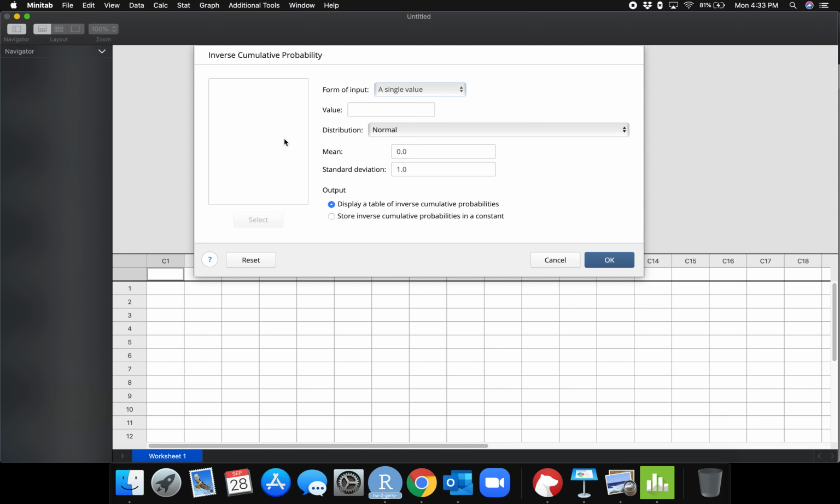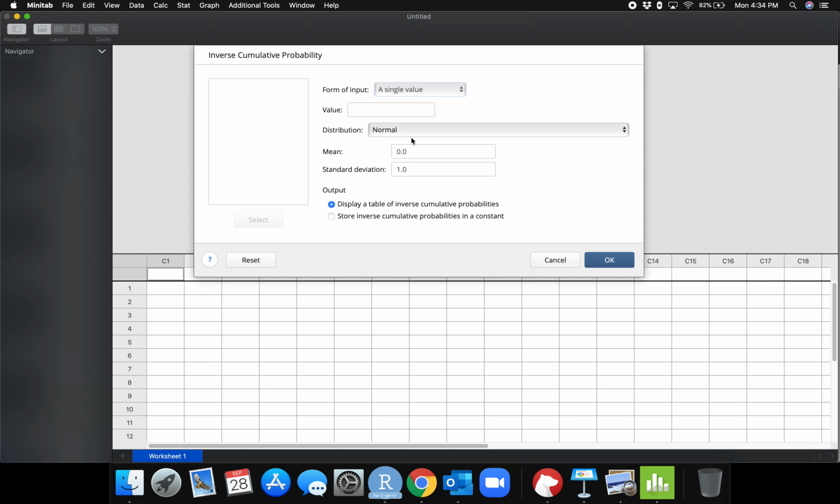Okay, so I'll say that again. The inverse cumulative probability function here gives us the point at which whatever percent of the distribution lies below that point. We supply the percentage, they supply the number.